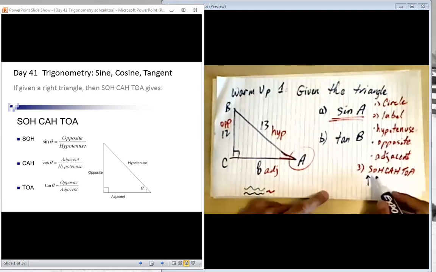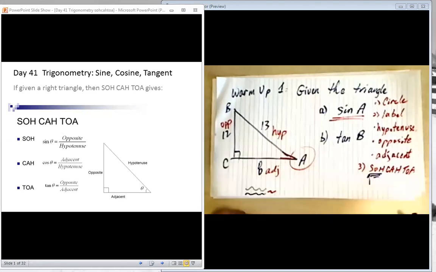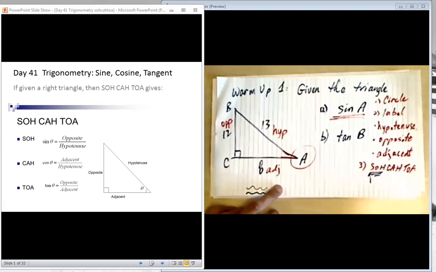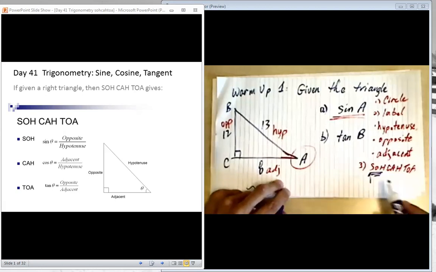And what is this S part? S with the OH there, what does that say to do? Yep, perfect. Sine uses the sides opposite and hypotenuse.